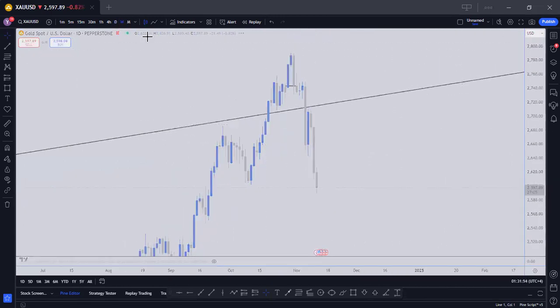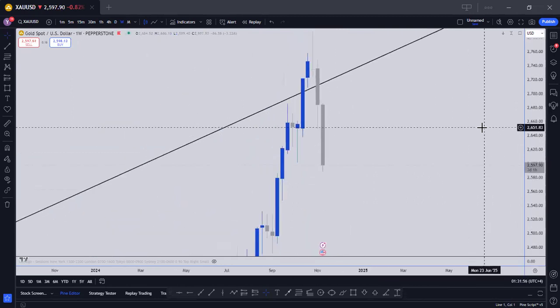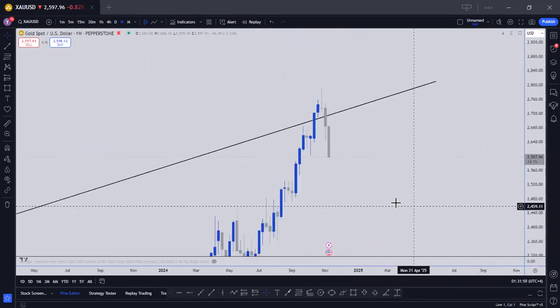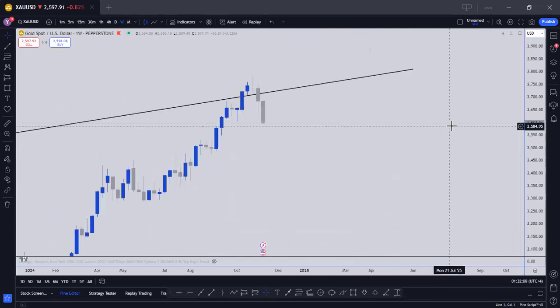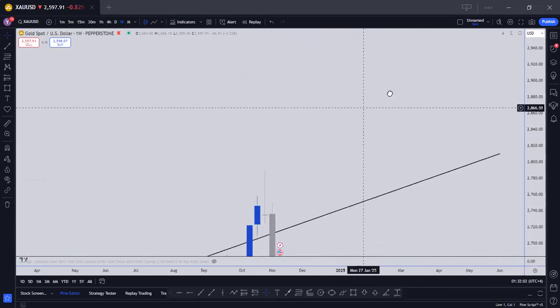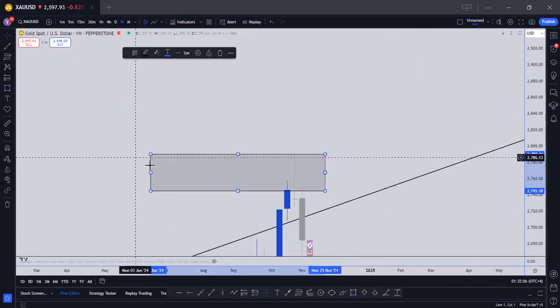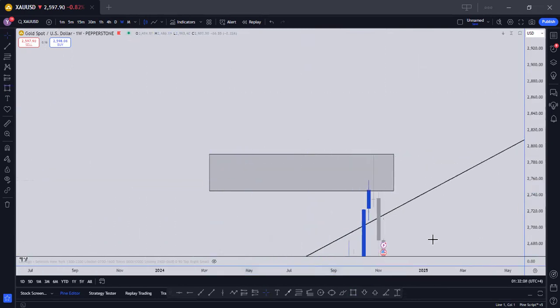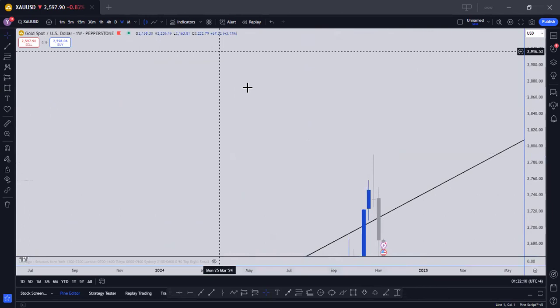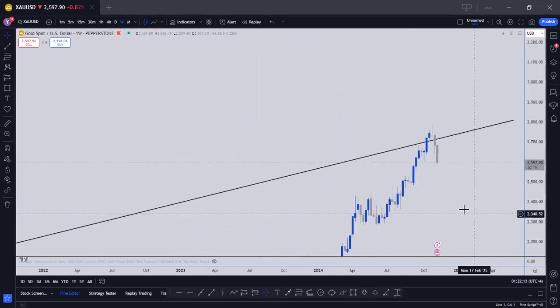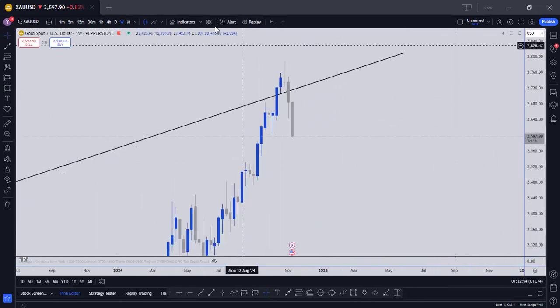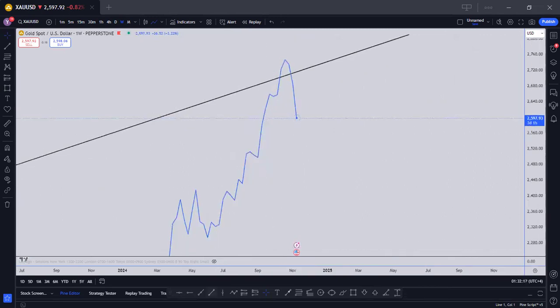Now let's check the weekly storyline. In the weekly storyline, as you can see also, there is no fresh level right here that these candles rejected from. So in this case, also you need to use the tricks from the advanced storyline, right? What do you have here?